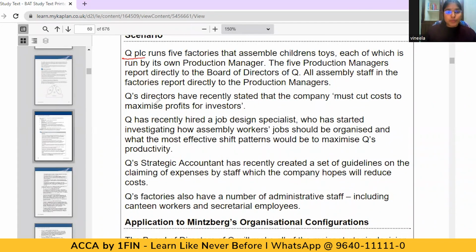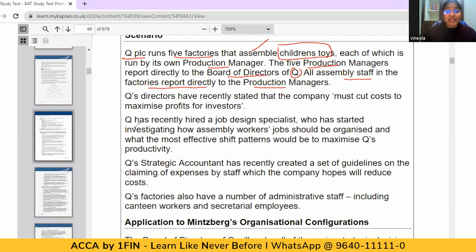There is a company called QPLC and it has 5 factories, and the main activity is assembling children's toys, each of which is run by its own production manager. Every toy assembling unit has its own production manager. So as 5 units were there, there will be 5 production managers who report directly to the board of directors of Q. All assembly staff in the factories report directly to the production manager.